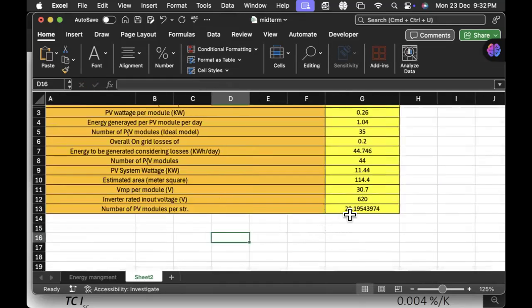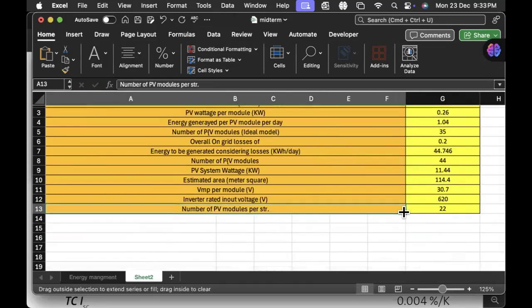Typically, in our case, we have 44 modules, so we cannot make 20 and 20, then we will have our remaining 4. So what makes sense here is to upgrade this to 22. So now you have 22 modules connected in series per string.